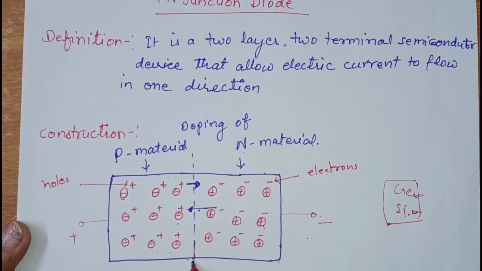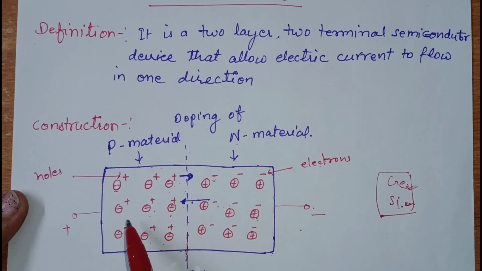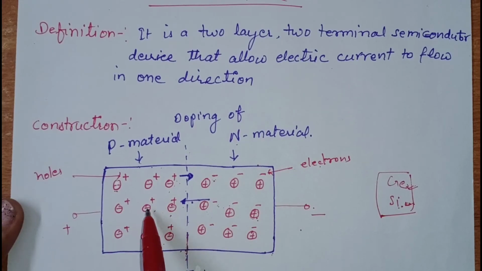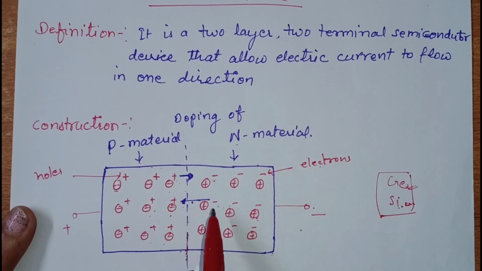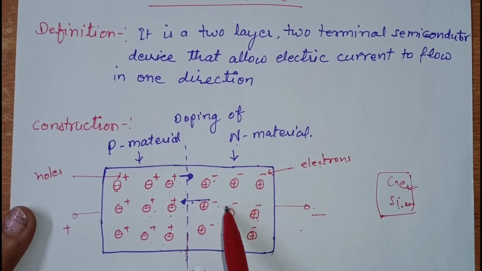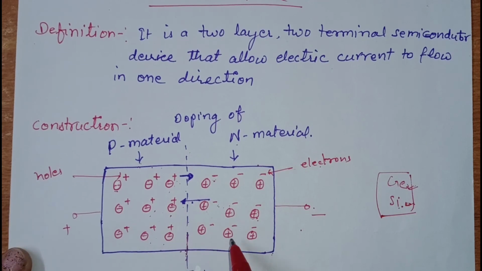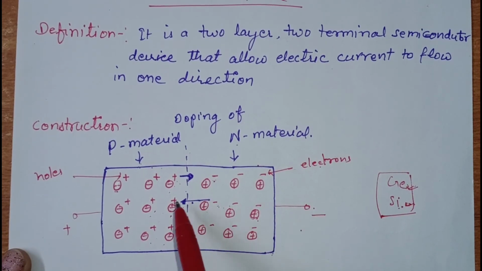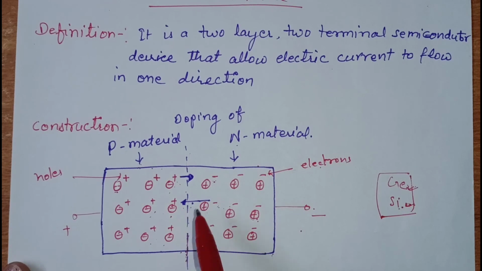This line indicates the junction of these p and n-type material. When some of the holes move from p side to n side and some electrons move from n side to p side, due to this concentration gradient, they combine with each other and disappear.